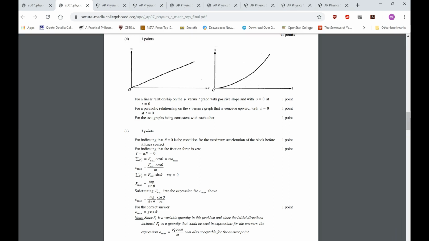They made a mistake in the instructions. And because they made a mistake, tons of students wrote this, and they had to modify their rubric to allow that. So the thing they wanted is what we did, which is to get rid of the F1 and to instead derive this just in terms of g and trig functions, g cotangent theta. But if you did it the other way, you earn the point.